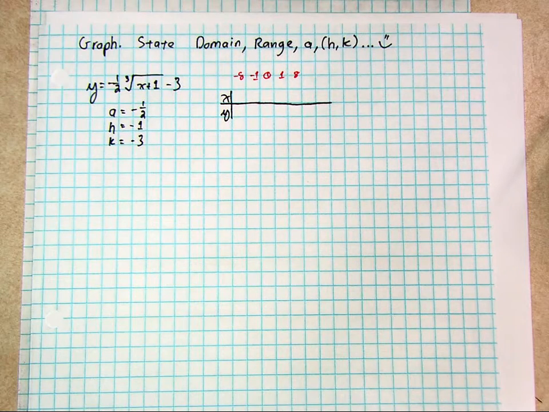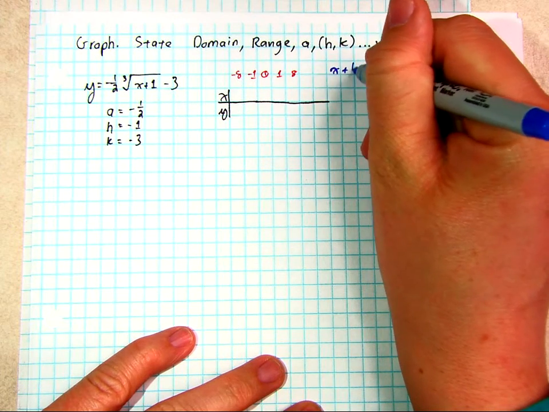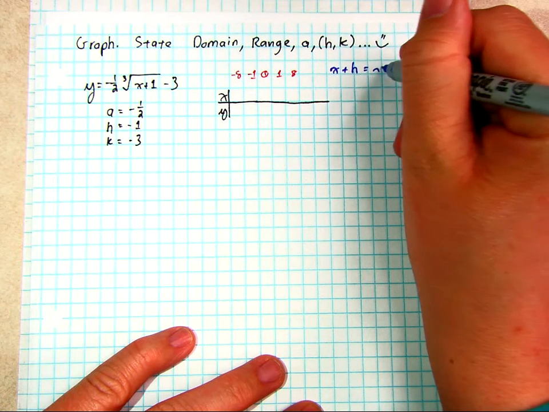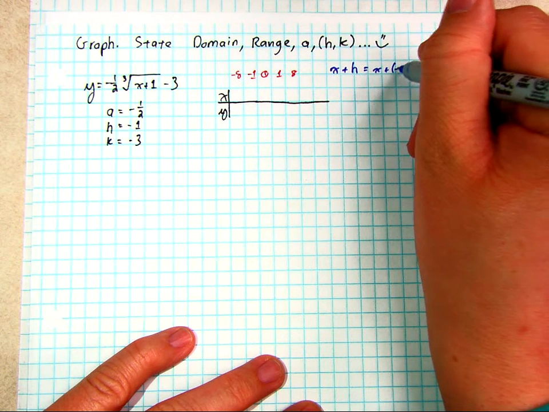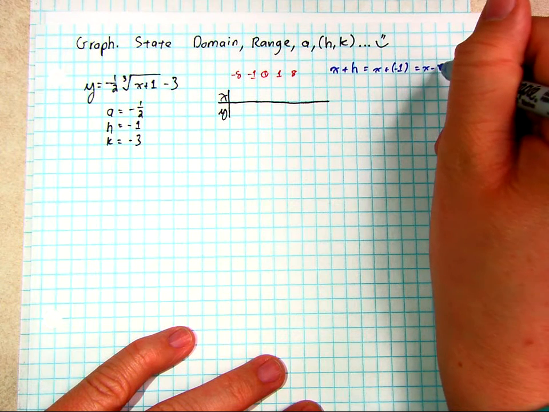So what we're going to do now is remember that little thing we've talked about where I said we take x plus h, which in this case will be x plus negative 1, or x minus 1.